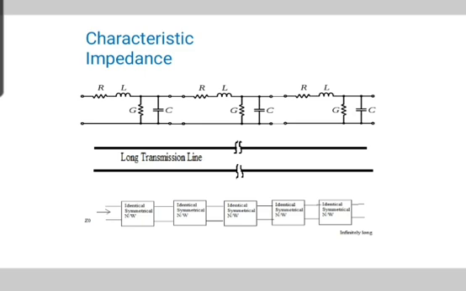So what is characteristic impedance? We know from the theory about the characteristic impedance that any circuit which consists of series and shunt impedance has an input impedance. So for a transmission line, the input impedance depends on the type of the line, its length and the load connected at the output.